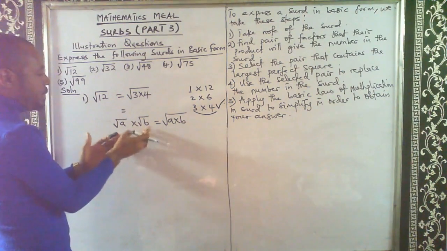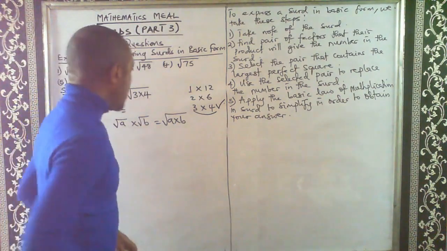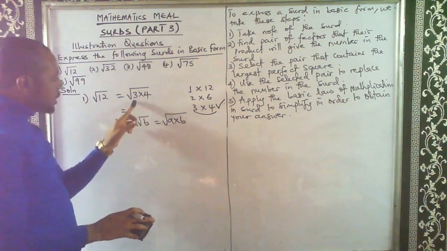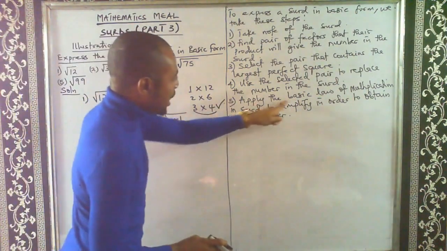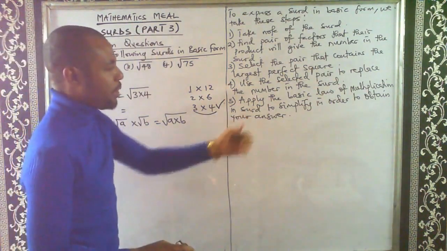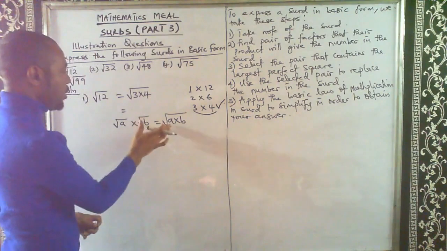And if they are separate like this, I can bring them under one square root. So if this is in this form, I can bring it in this form. That's what we mean by apply the basic law of multiplication in surds to simplify in order to obtain your answer. So we're going to apply this basic law.